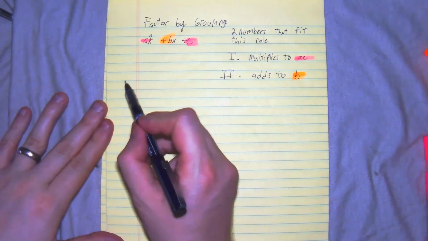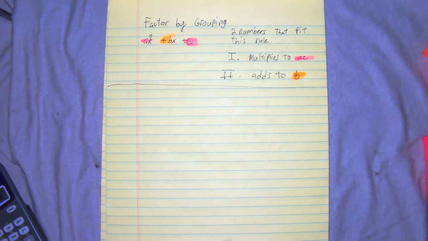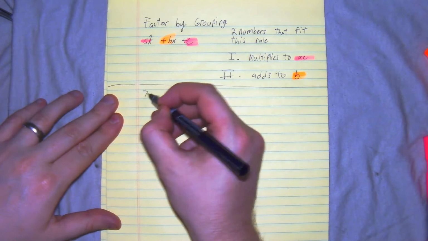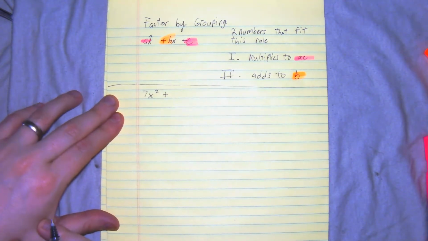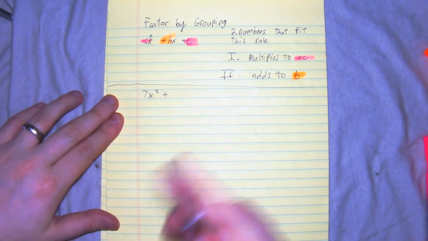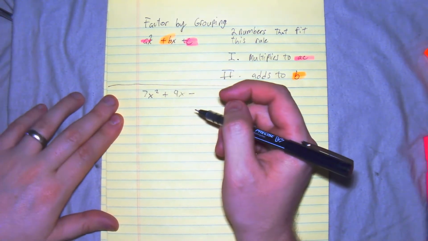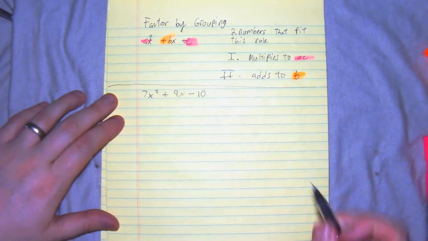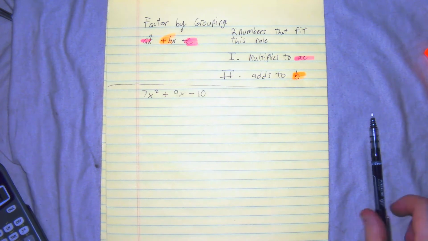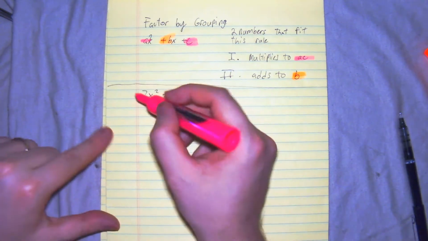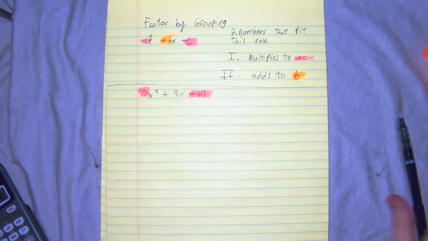Alright, so the best way to do this is do an example. So we have 7x squared plus 9x minus 10. First, we need to make sure we follow this rule. So we multiply 7 and negative 10.